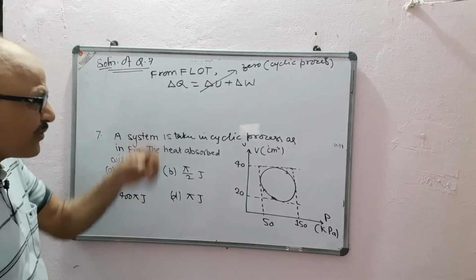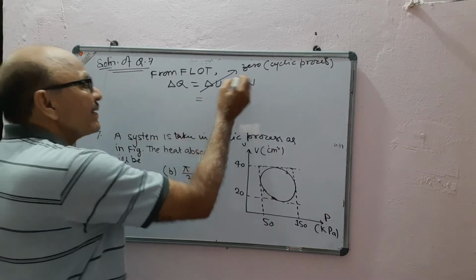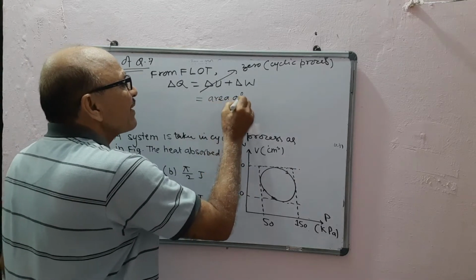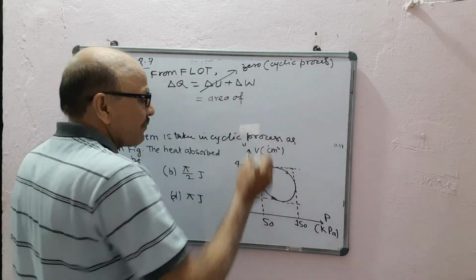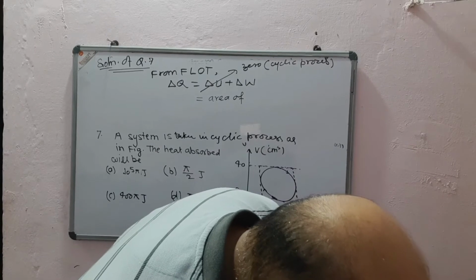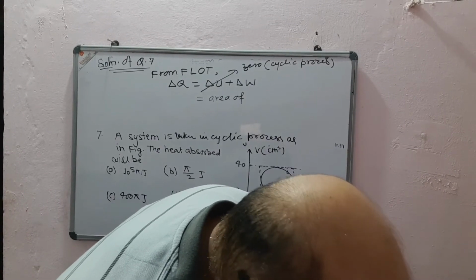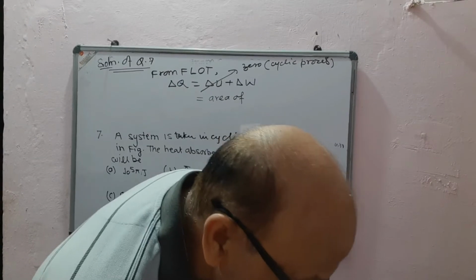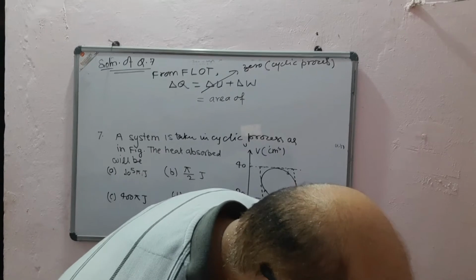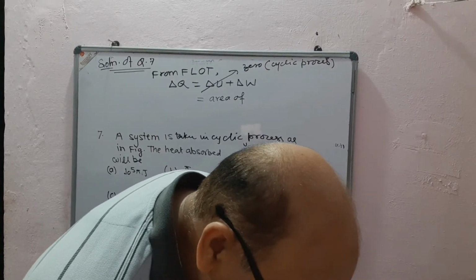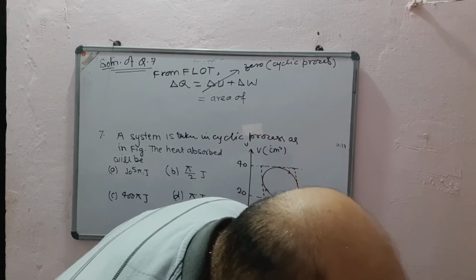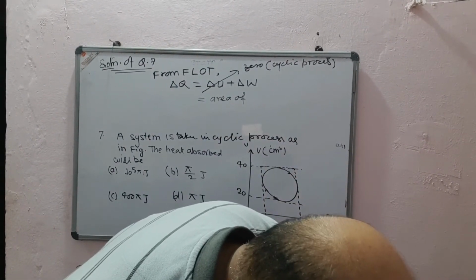Therefore, delta Q will be equal to delta W, and delta W will be equal to the area, that is, pi by 4 into the semi-major axis into the semi-minor axis.